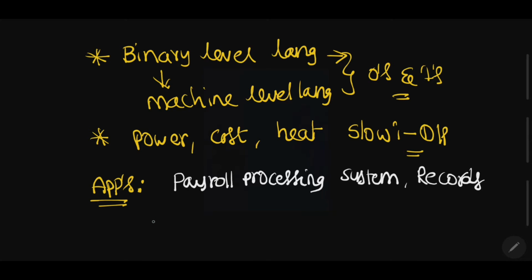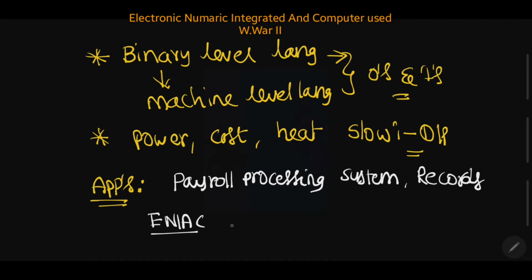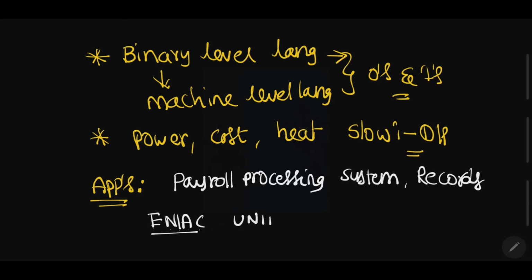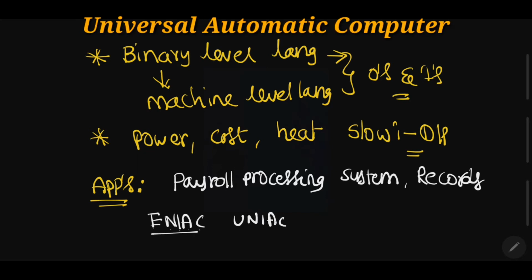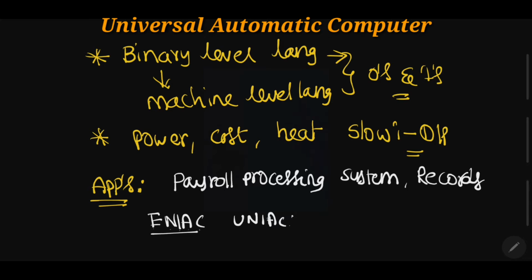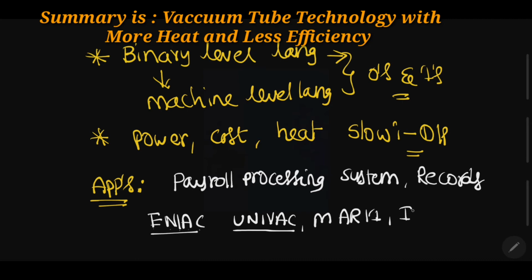Some example computers are ENIAC, the first electronic computer, Electronic Numeric Integrated and Computer, and the other one is UNIVAC, Universal Automatic Computer, and Mark 1, IBM 650.